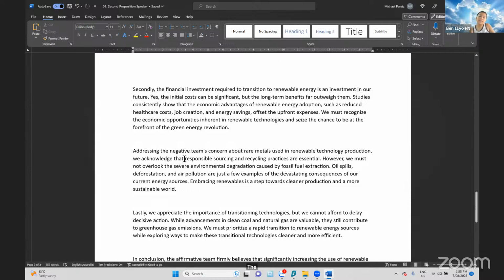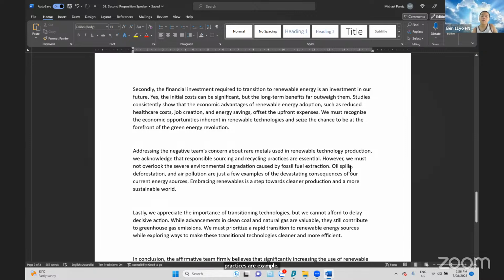Addressing the negative team's concerns about rare materials used in renewable technology and production, we acknowledge that responsible sourcing and recycling practices are essential.